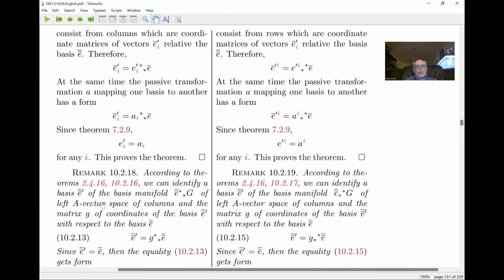According to this theorem, we can identify a basis E prime of the basis manifold E CRG of left a vector space of columns and the matrix G of coordinate of basis E prime with respect to the basis E.